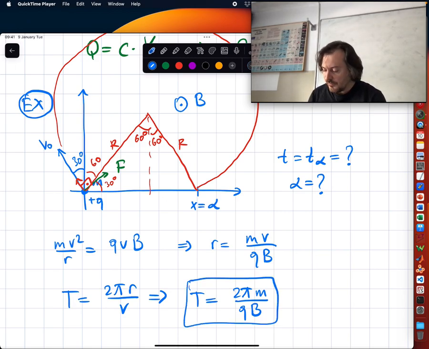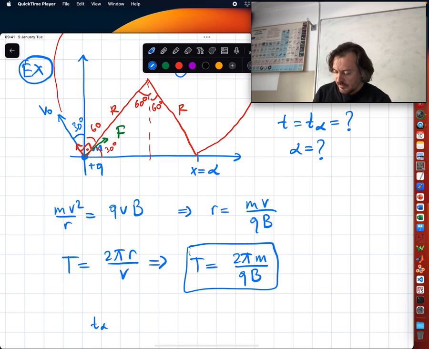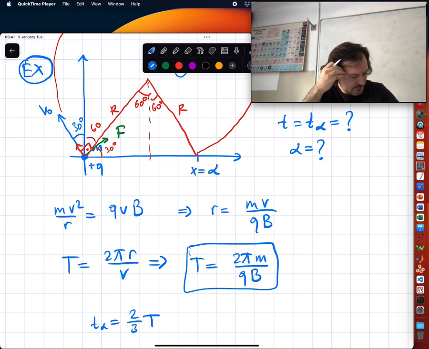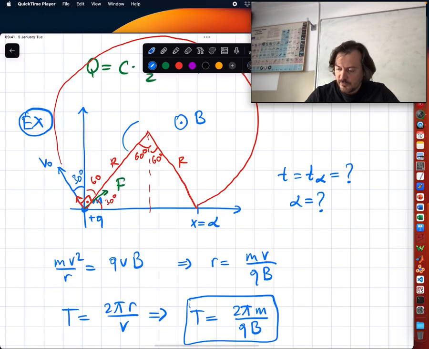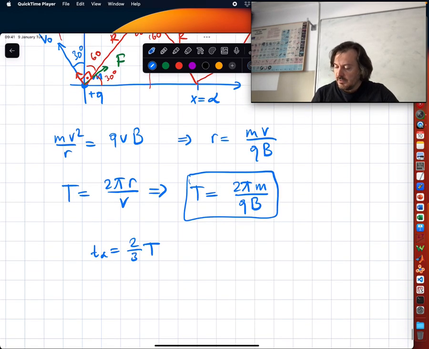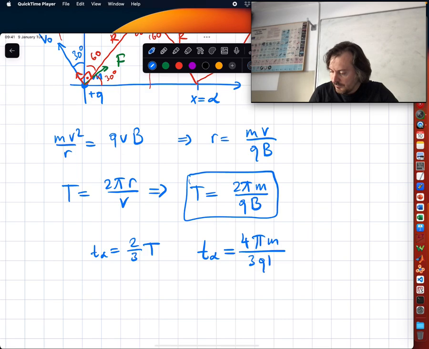T alpha is going to be 2/3 of this. Why is it 2/3? Because of the angle: this is 240 degrees, which is 2/3 of 360 degrees. So we have found t alpha to be 4 pi m over 3QB.